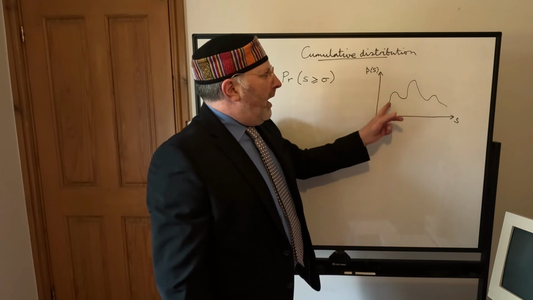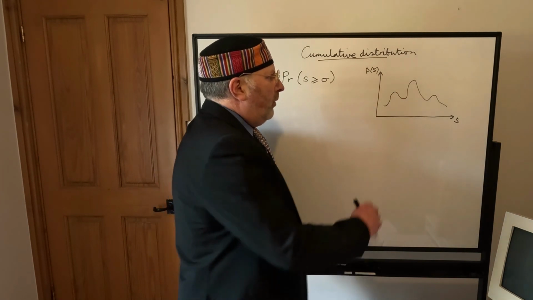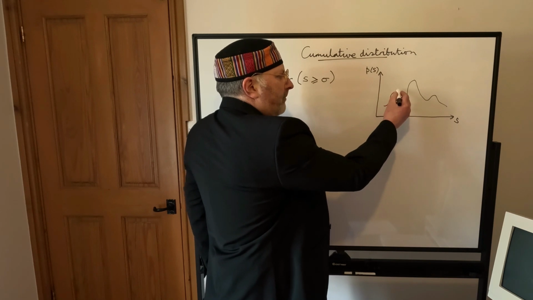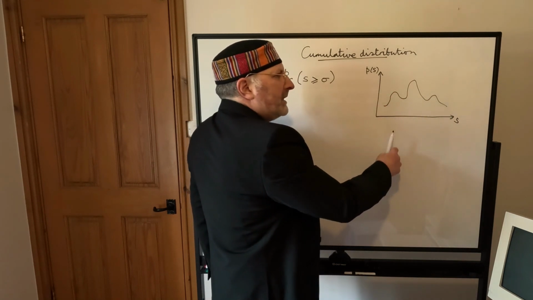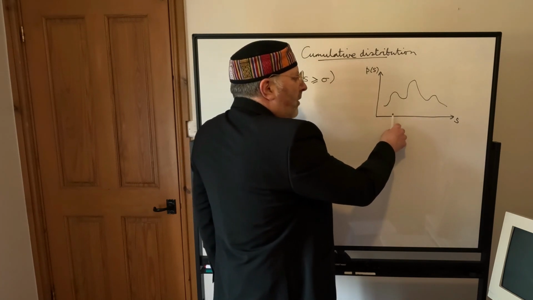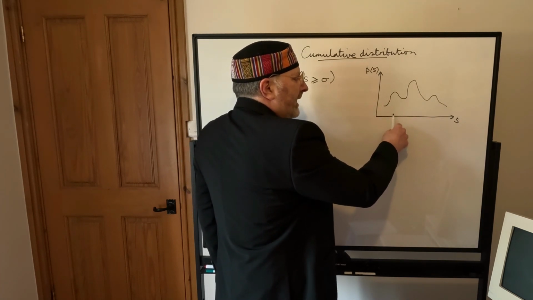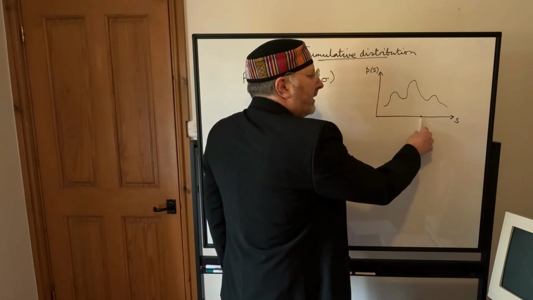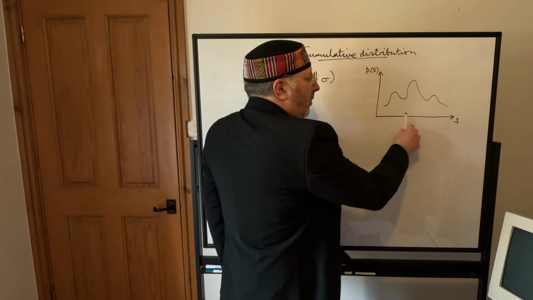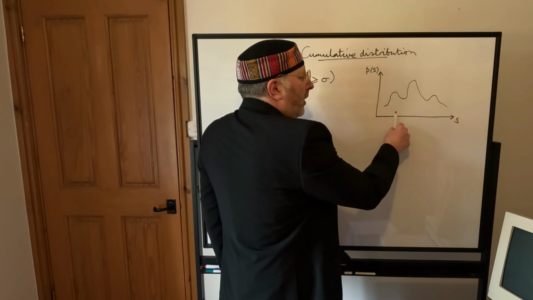So P of S has actual values. It's not 0. So what we're doing in plotting this P of S, we're talking about the probability density. It's how much is the probability of landing here. How does it compare with the probability of landing around here, or having a size around here?